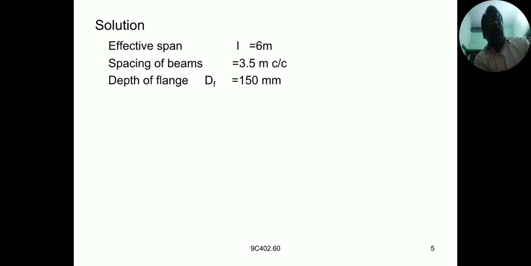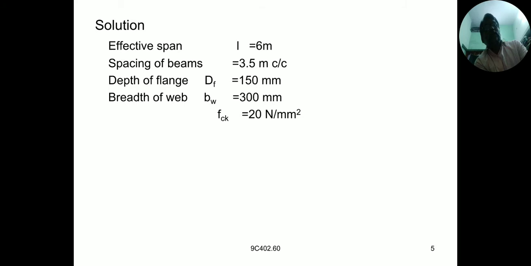Depth of the flange, capital Df, is equal to 150 mm, that is the slab thickness. Breadth of the web, bw, is equal to 300 mm. fck is 20 newtons per mm square, M20 mix. fy is 415 newtons per mm square. Note down.